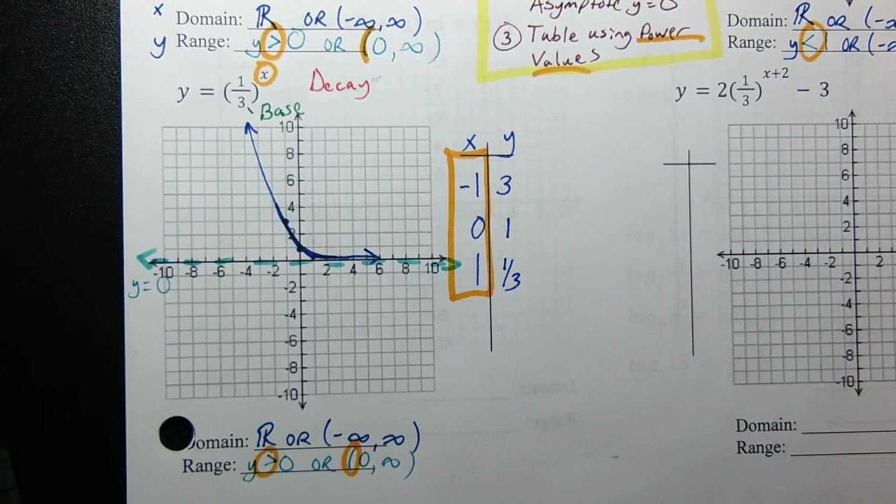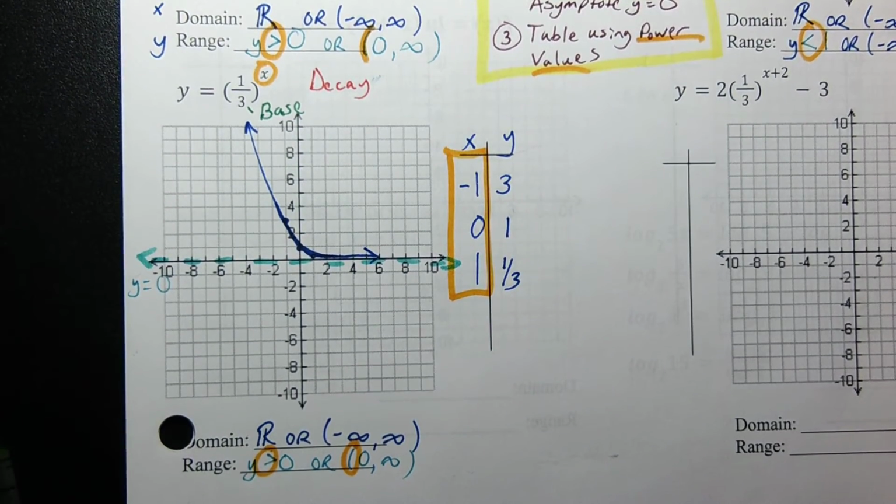Domain, all real numbers, negative infinity to positive infinity. The range, y is greater than 0. 0 is not included. We don't actually ever touch that asymptote, but anything slightly above it is going to work. So 0 to infinity or y greater than 0.